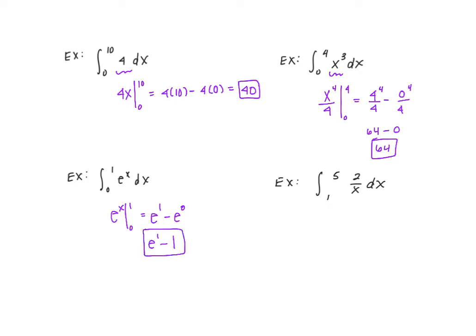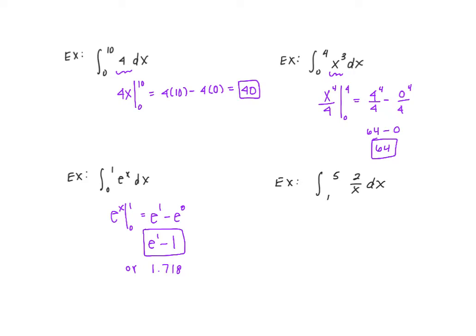You can also type this into the calculator to get a decimal, and so MyMathLab will tell you if they want it left like this or in a decimal. So if I type this in, e to the 1 minus 1, I get 1.718. So just know that you can type these in the calculator and get a decimal too.